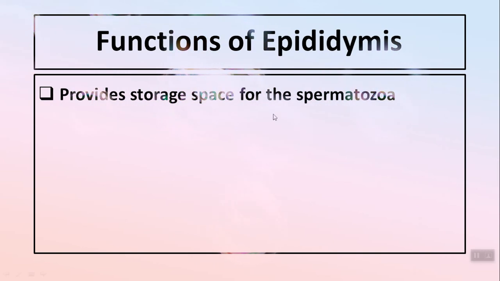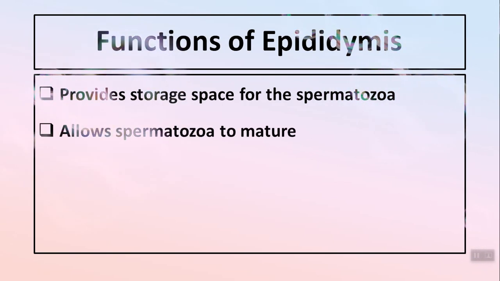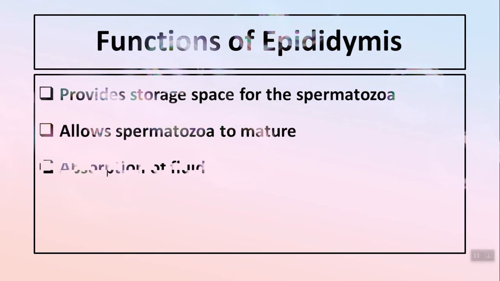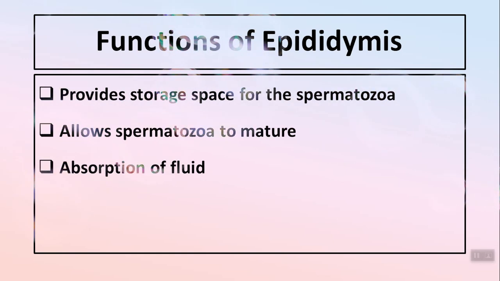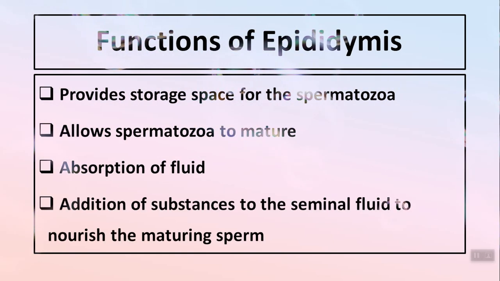What are the functions of the epididymis? It provides a storage space for the spermatozoa, allows the sperms to mature, absorbs extra fluid, and adds substances to the seminal fluid to nourish the maturing sperms. So it aids in the storage and maturation of sperm.